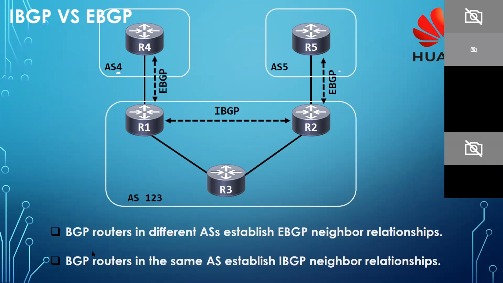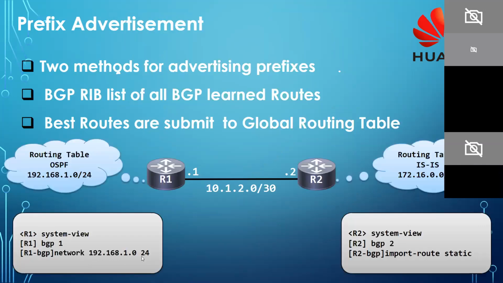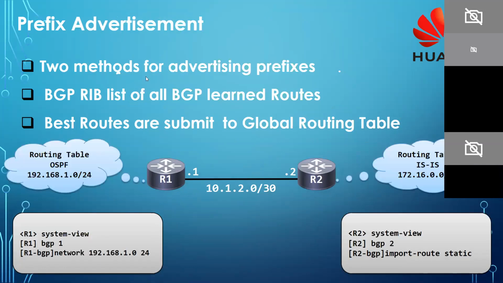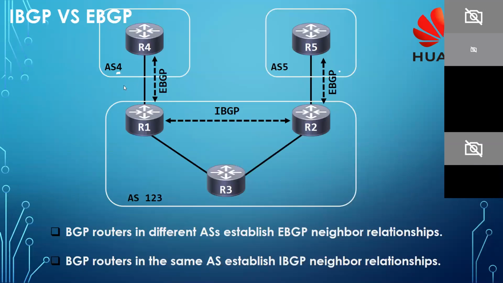Simply because when you define the peer, you specify the AS number of the peer. So the router will compare this AS number with its own AS number. If the AS number is the same, we are iBGP. If the AS number isn't the same, we are eBGP.